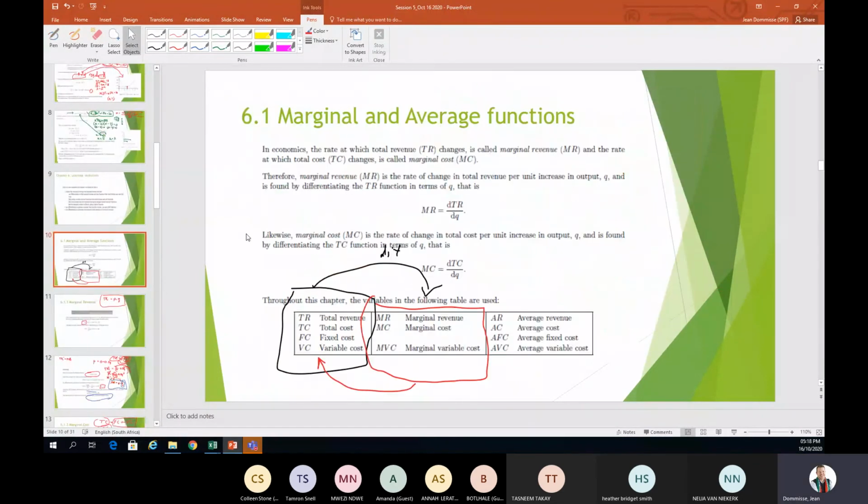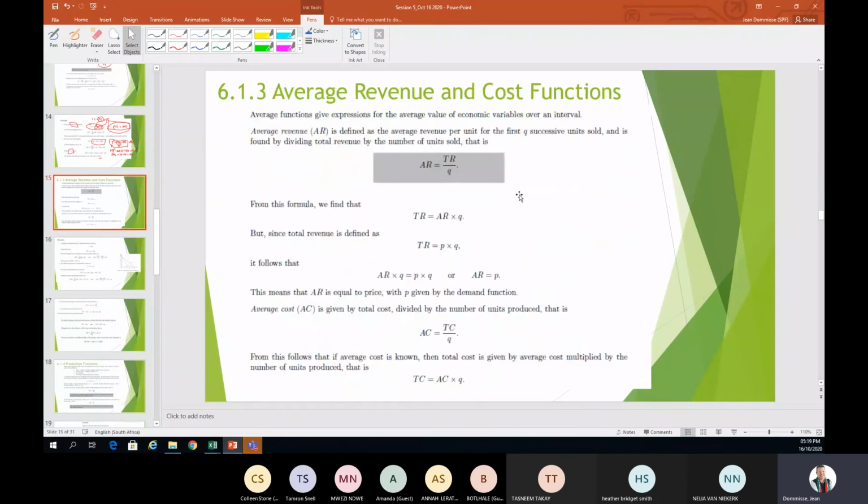Basically the two that are the most important are total revenue and marginal revenue, and total cost, because that is a function of those two. Okay. So those are the most important ones that you need to know. The other thing that I haven't spoken about is the average. So average revenue, average cost, average fixed cost. That is nearly the next section.